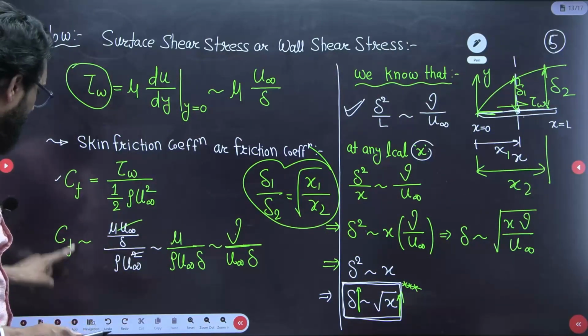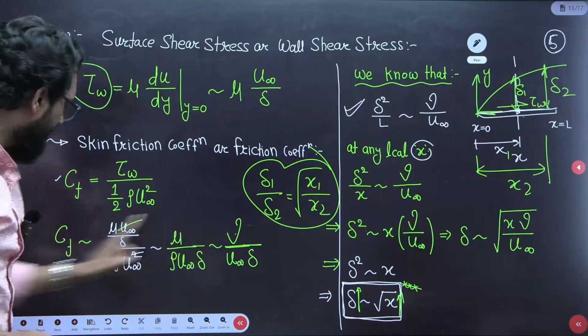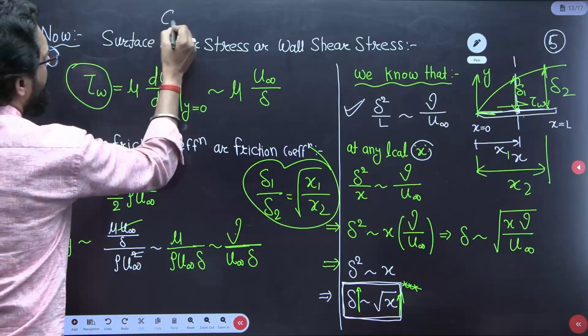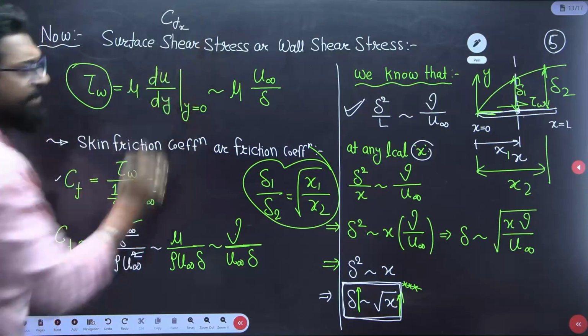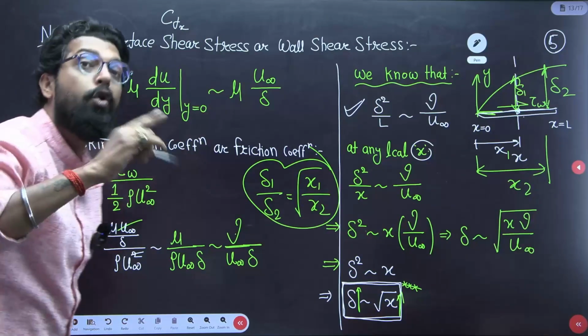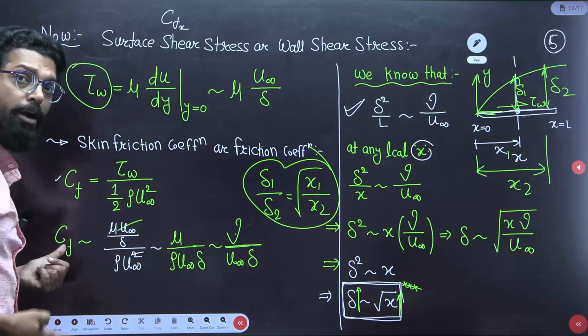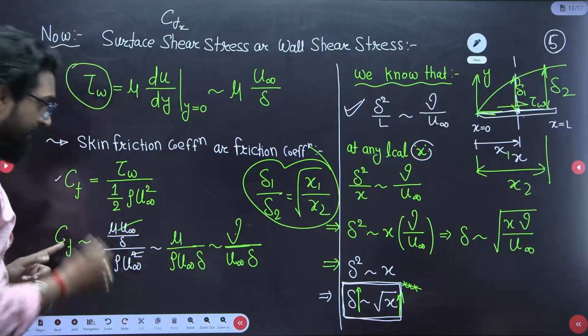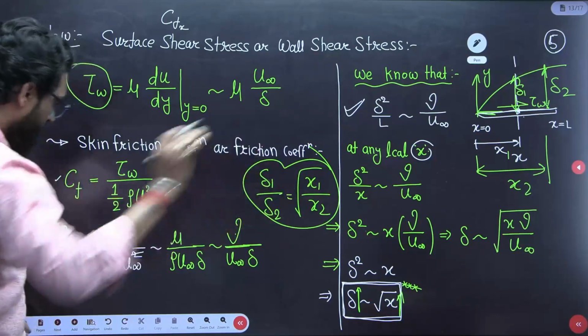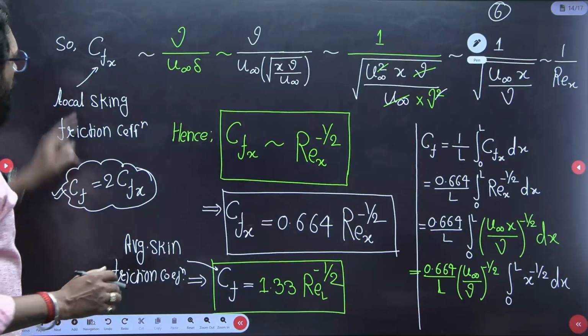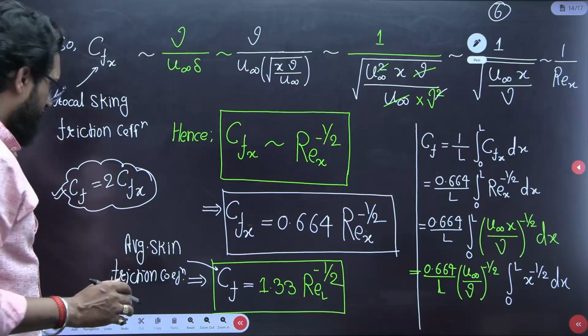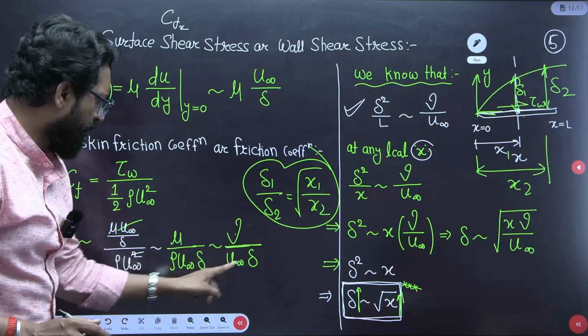This is Cfx, Cf local, that means the skin friction coefficient at any location x. So Cfx is called the local skin friction coefficient, and Cf is called the average skin friction coefficient, that means throughout the plate.